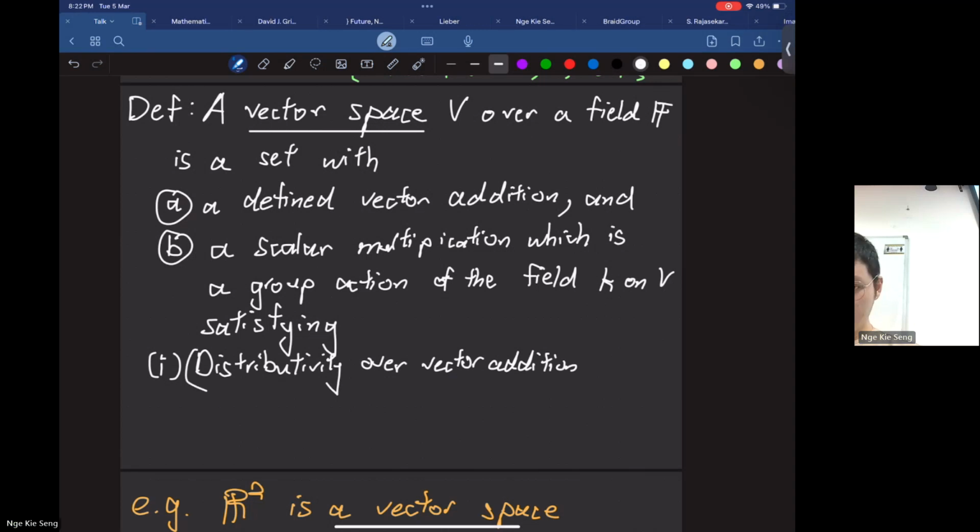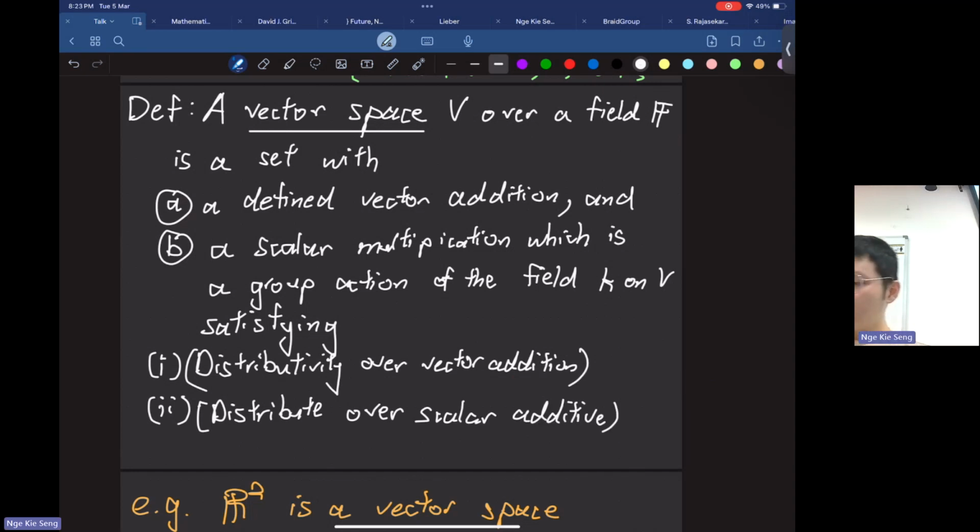And second, distributivity over scalar addition. Just now we saw that distributivity laws work when we have at least two operations. They need to interact with each other. So let's see what these two are.